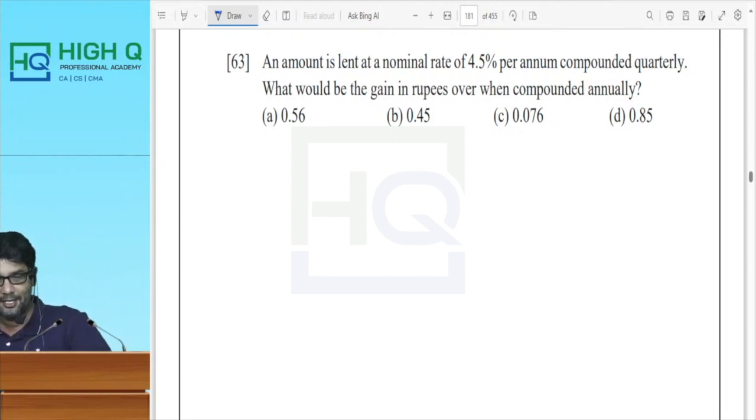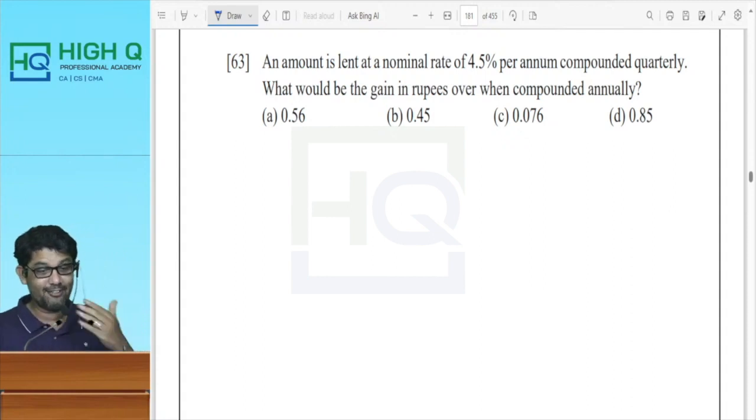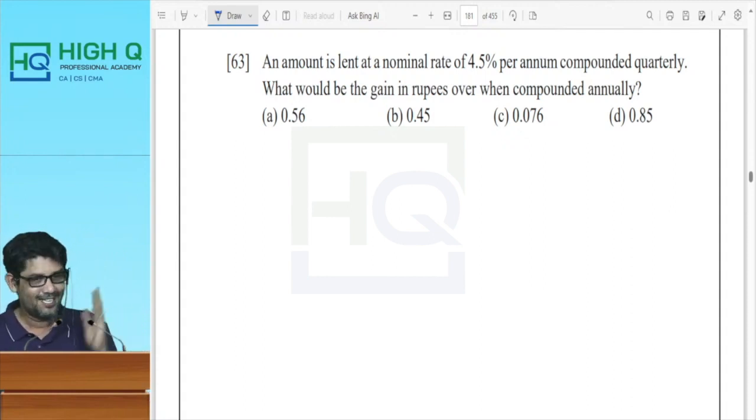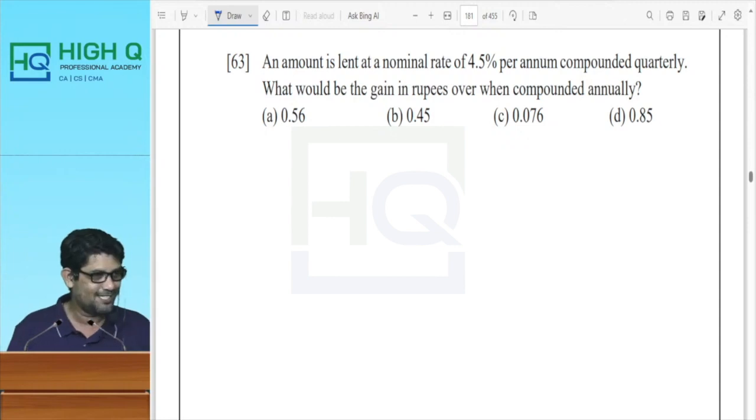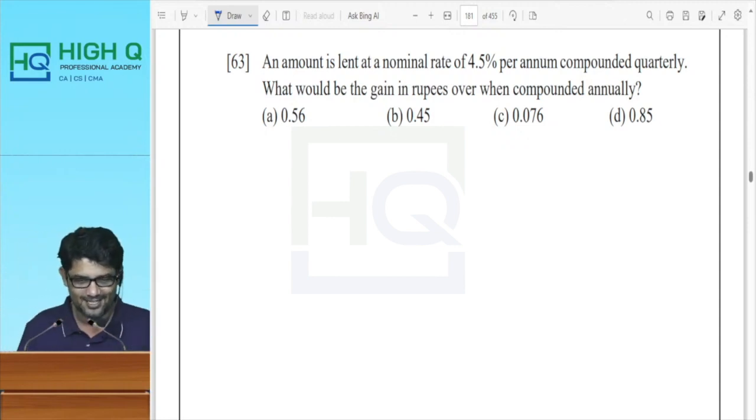Wow, this is nice. One set of students on one side, another set on the other side, under the same banner we have two different YouTube channels.